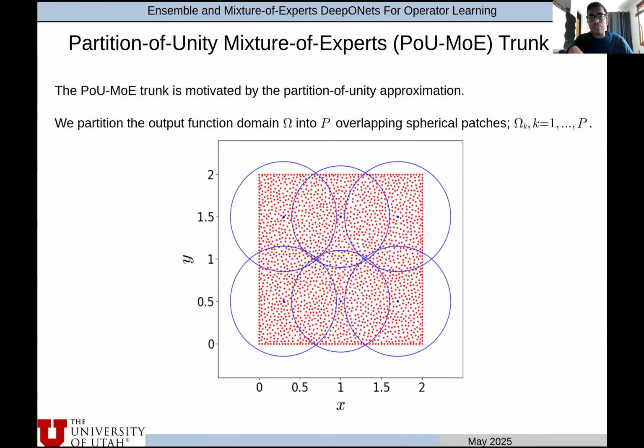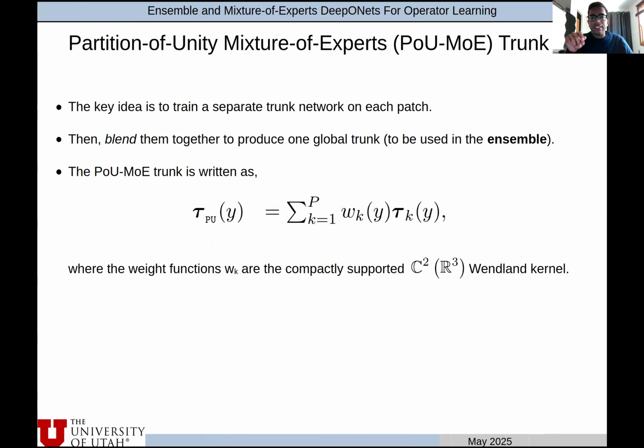These patches do not necessarily have to be spherical, but for simplicity in this work, we stuck to spherical patches. Then the key idea is to have some sort of an approximant on each of those local patches that are then blended together.